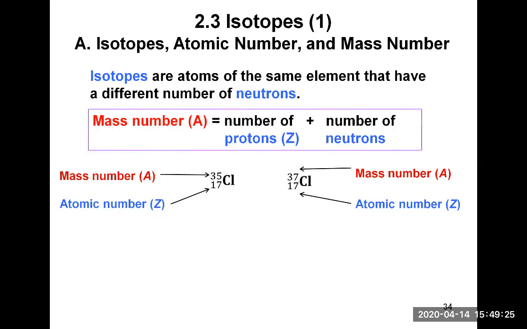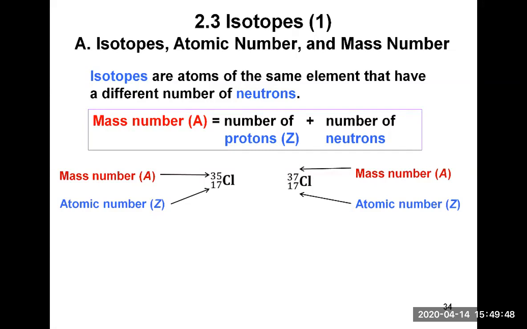And so isotopes are represented with this kind of notation where you have the element symbol, like here we have chlorine. And then to the upper left corner, we will write the mass number for that isotope. And so that will be chlorine 35.